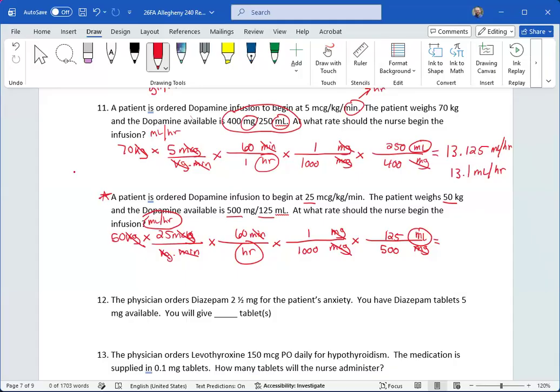And then I get 18.75. So 18.75 milliliters per hour. And then we're going to make sure we pay attention, and we're going to round that to 18.8 milliliters per hour.